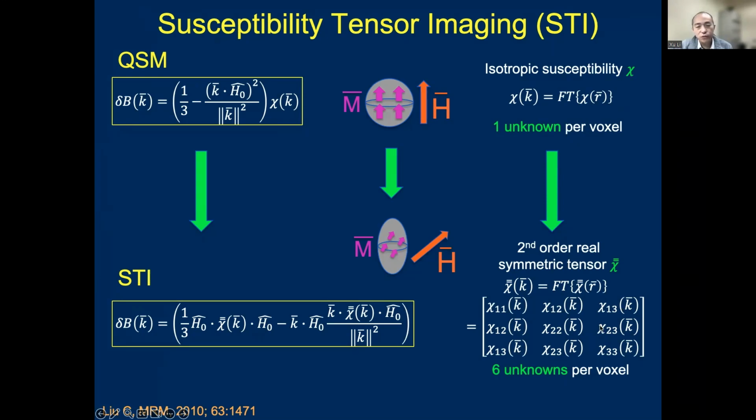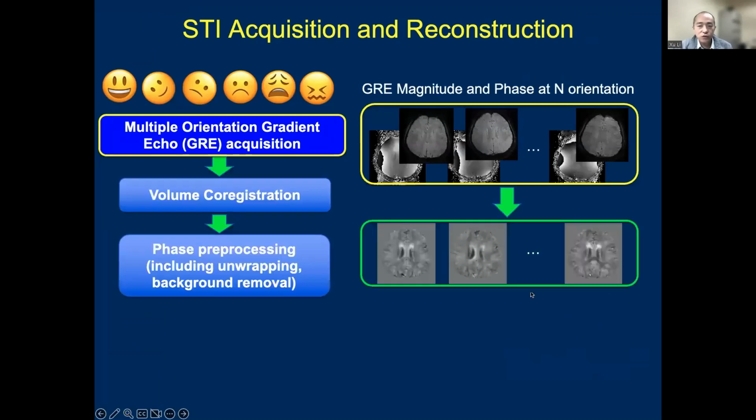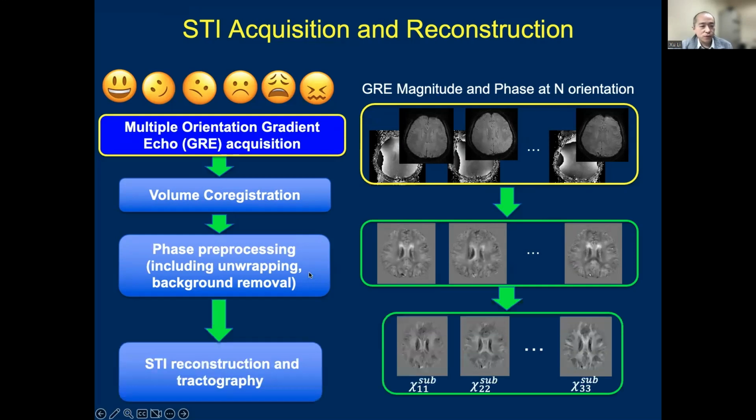So theoretically, we will need more phase measurements. Doing STI is similar to doing QSM. Basically, we need to acquire more phase data from more head orientations. We do volume co-registration, and we do similar phase pre-processing to remove the background, and then we can combine them to solve for the susceptibility tensor.